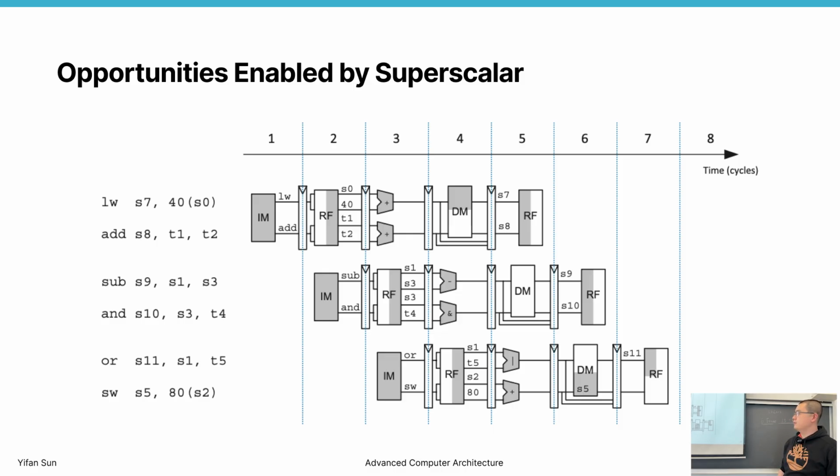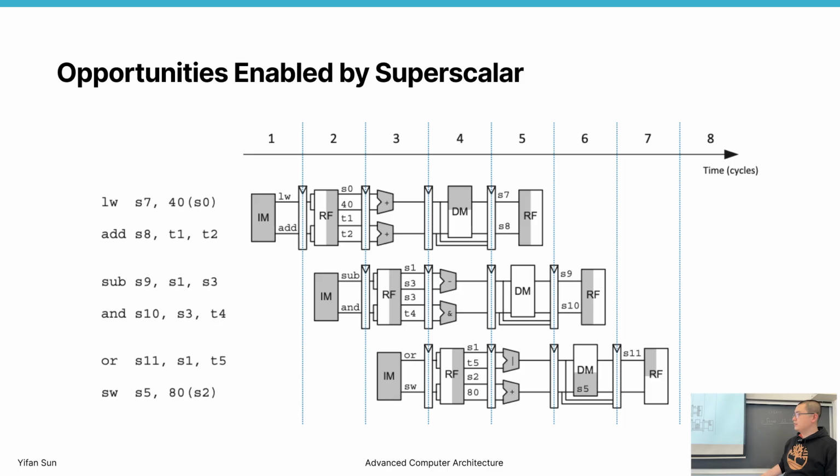Just consider this program. Now here we load S7, and we calculate S8. There's no conflict in these two instructions. There's no dependency. When there's no dependency, these two can execute at the same time. Then in the next group, two instructions execute in parallel, and they go through without any problem.